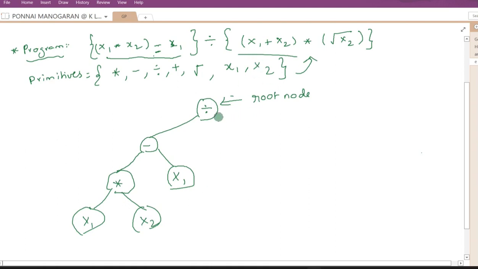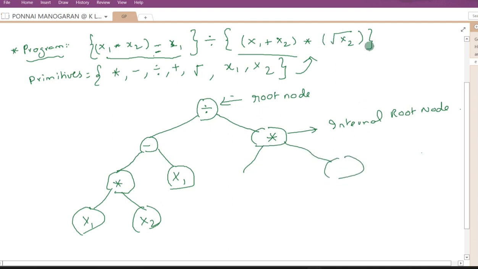Similarly, for the right subtree, you can easily find the multiplication operator as an internal root node, and again for this multiplication you have a left subtree and right subtree.